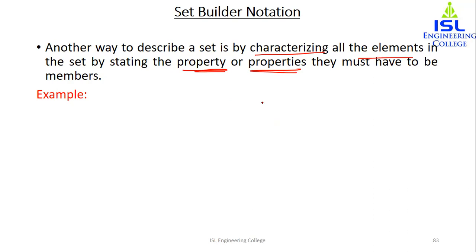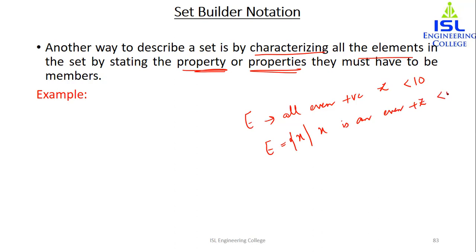Suppose you are saying set E is all even positive integers less than 10. In that case, you can write it as E equals {x | x is an even positive integer less than 10}.